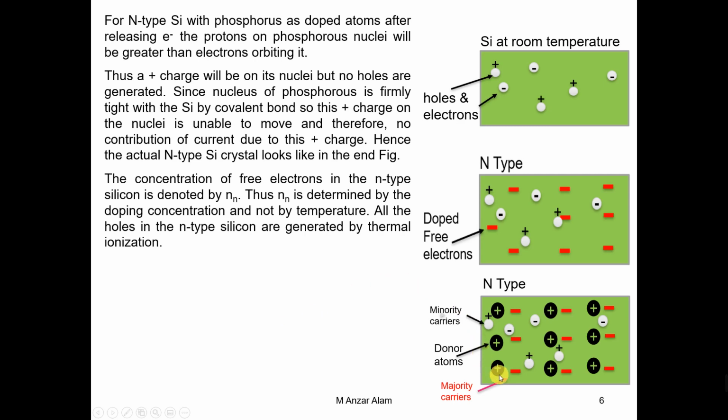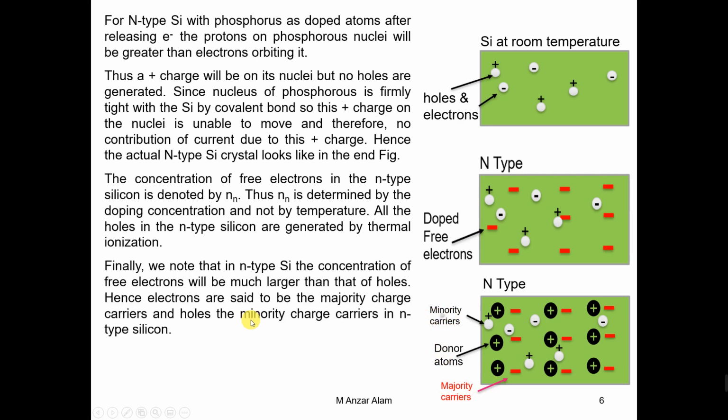The majority carriers here are electrons, and the minority carriers are the holes. As we saw before, this was the hole. So the flow of current is mainly due to the majority carriers, not due to the minority carriers. Let's study something more.